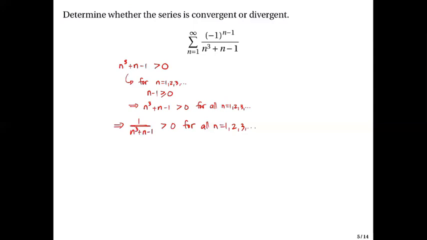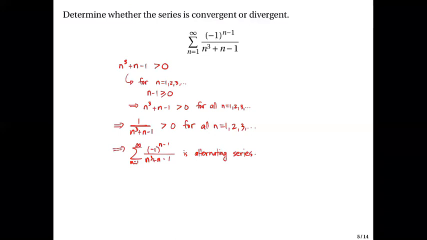Which means that the series -1 raised to n minus 1 over n cubed plus n minus 1, from 1 up to plus infinity, this one is an alternating series. So you can actually use the alternating series test in order to determine whether this guy here is convergent or divergent.